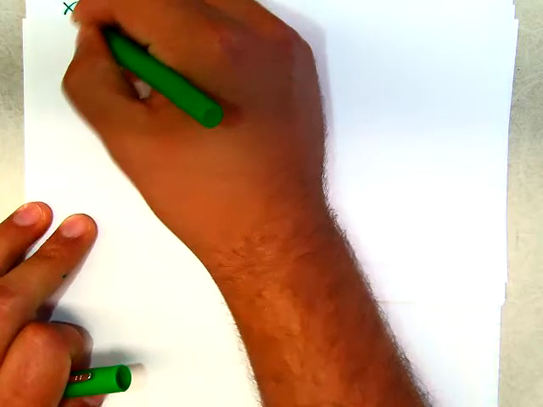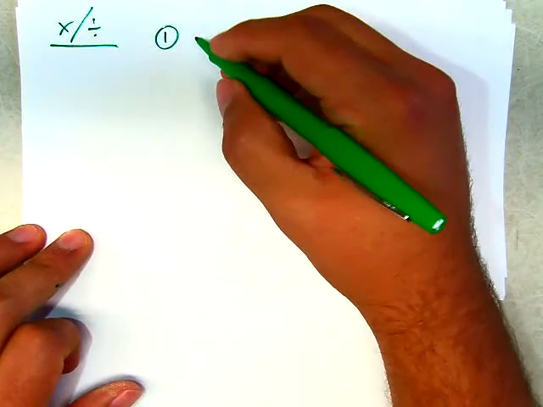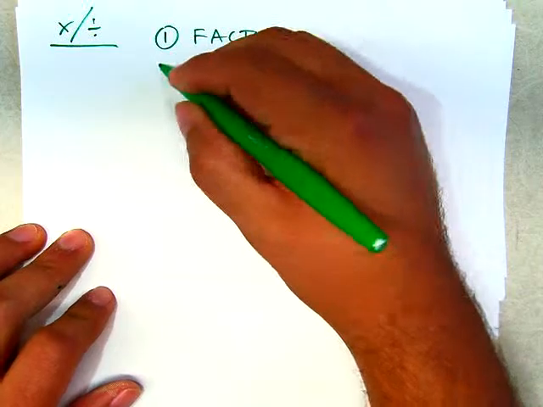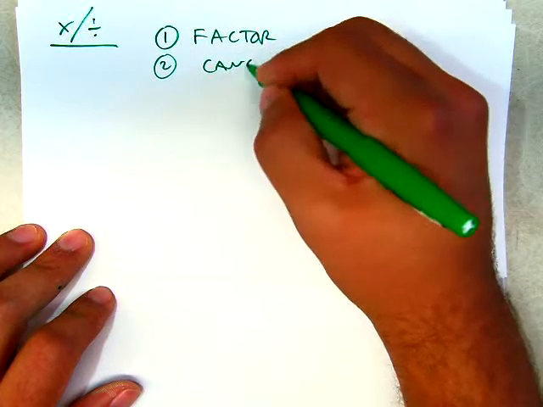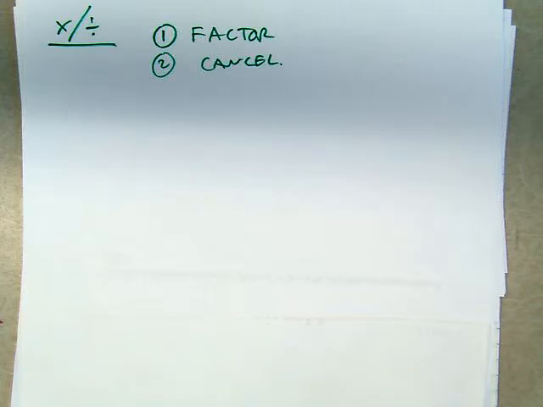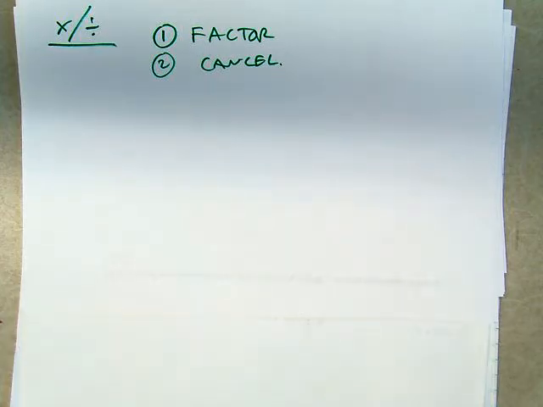Then let's go to multiplying and dividing. Two basic steps here. First step is going to be the same as adding and subtracting. We factor. And lastly, we cancel. That's it. So, again, we'll do easy examples just to make sure that the concept sticks.